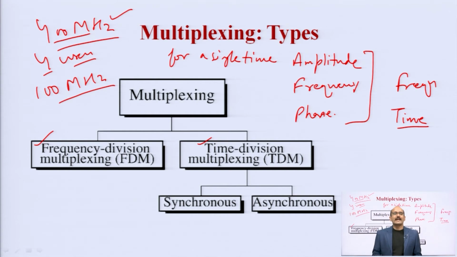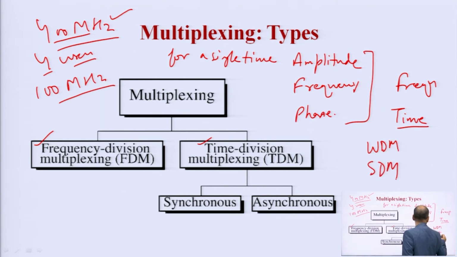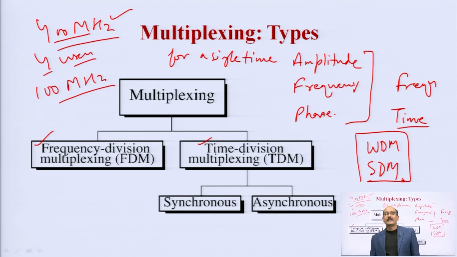As per that division, multiplexing is basically of two types. These are the basic classifications of multiplexing. Other than frequency division multiplexing and time division multiplexing, wavelength division multiplexing and space division multiplexing are also possible. But WDM and SDM are used for specific purposes; the most basic classification of multiplexing is FDM and TDM.